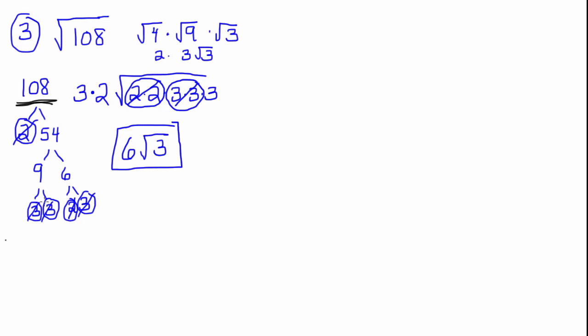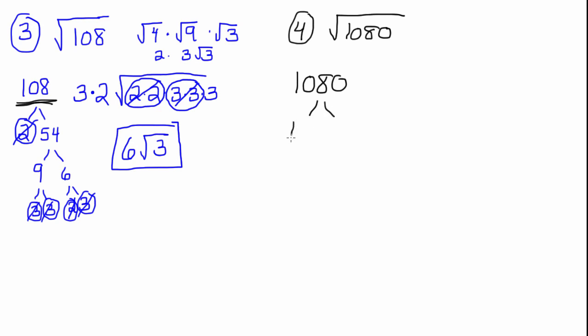All right, so let's do one final one. How about the square root of 1080? So again, write 1080 as a product of its prime factors. In a case like this, I always think it's easy to do 10 and then 108, because anytime it ends in a 0, factoring the 10 first is just faster for me. So 10 becomes 2 and 5, and then 108 is really easy because we just did it.